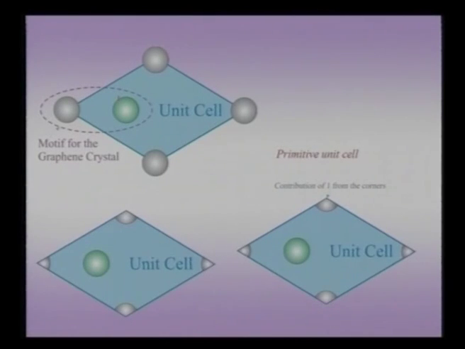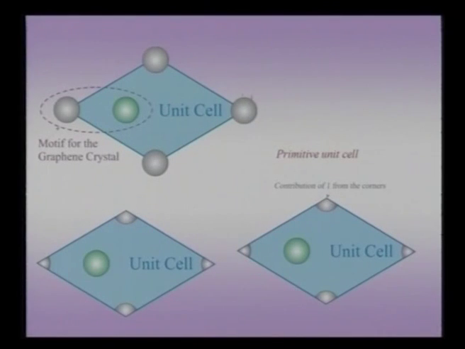We had pointed out that this is truly not the unit cell, because if I try to repeat this unit cell, then there will be an overlap of the atoms from neighboring unit cells, and therefore the true unit cell is actually obtained by cutting off the parts of the atoms which are not present within this blue area, and this is the picture which is shown now at the bottom.